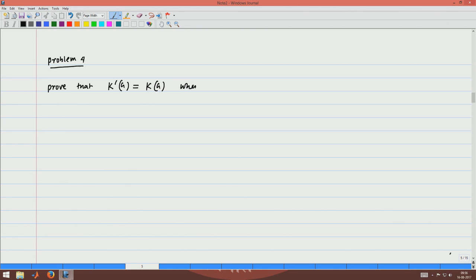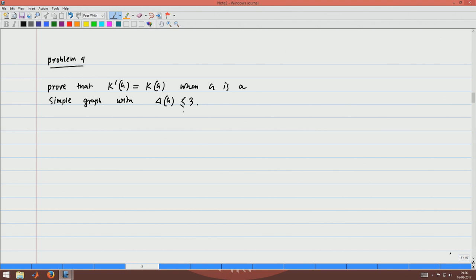The edge connectivity is equal to the vertex connectivity when G is a simple graph with maximum degree less than or equal to 3.